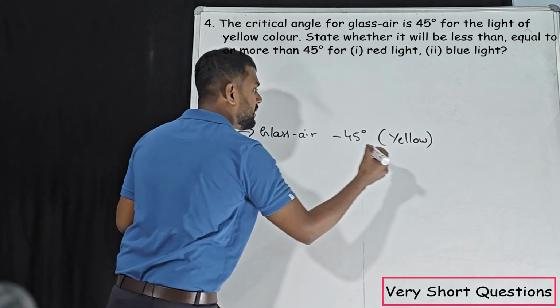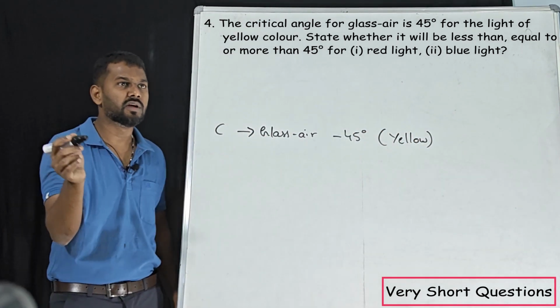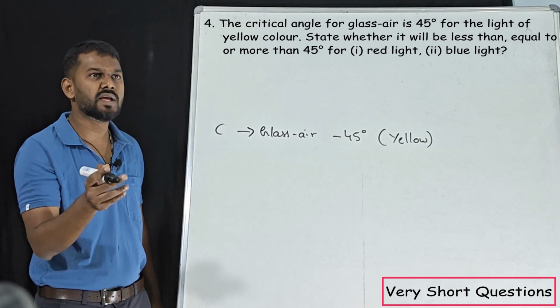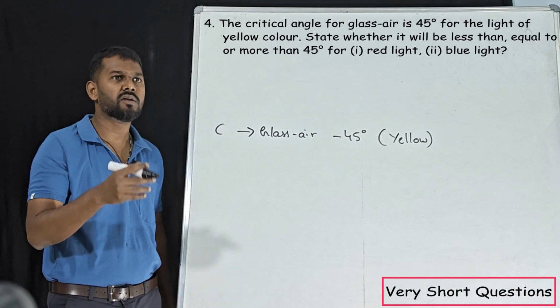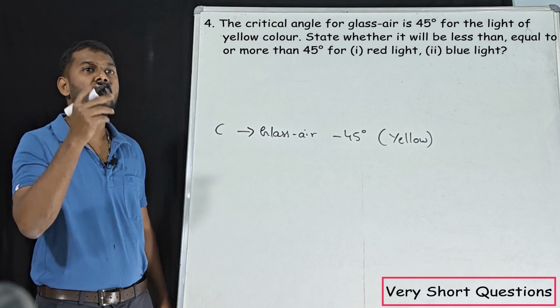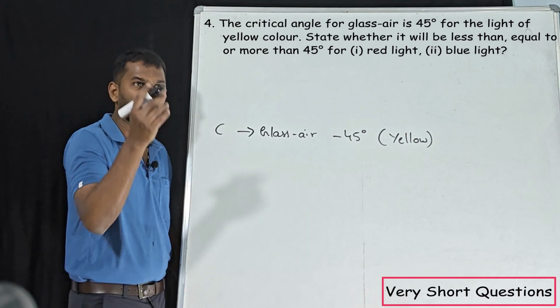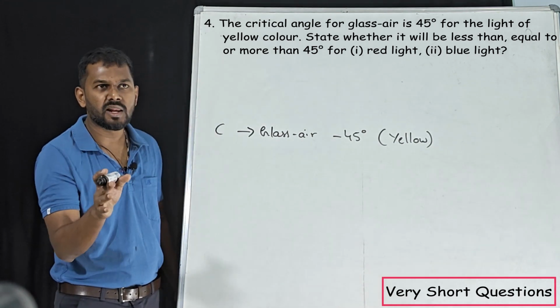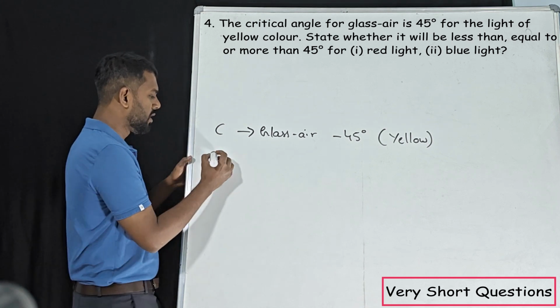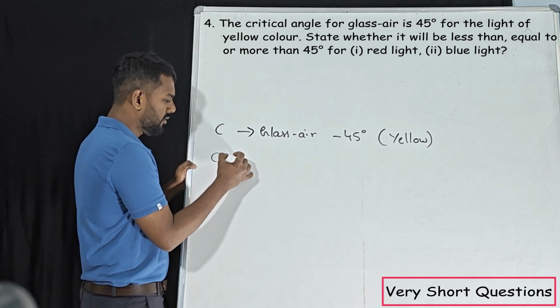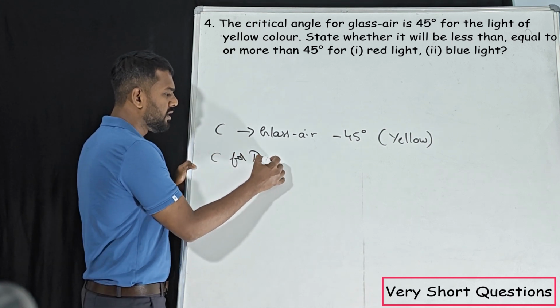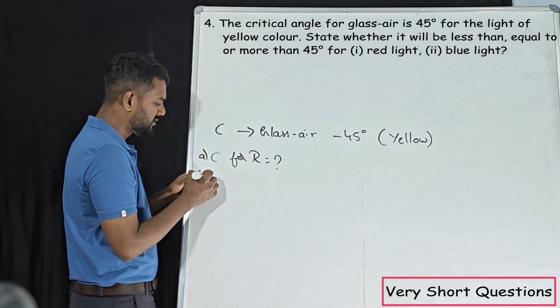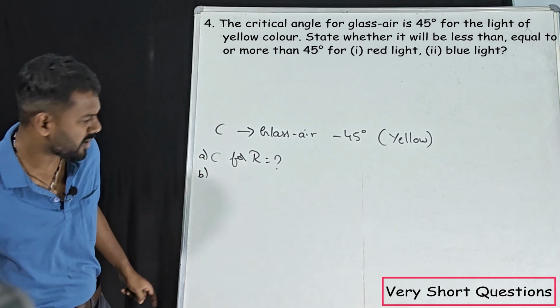Now state whether it will be less than, equal to, or more than 45 degrees for red color and blue color. So we need to find the critical angle of red color and blue color. Critical angle for red we need to find, and the second question we'll worry about later.